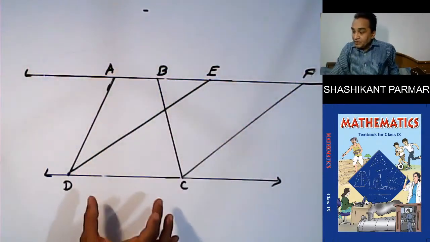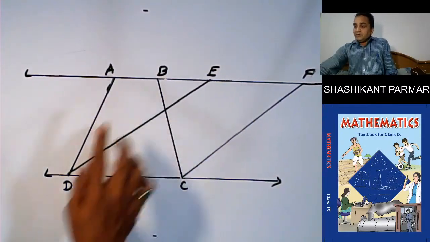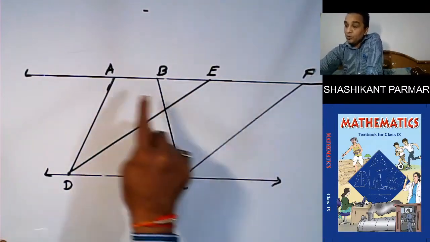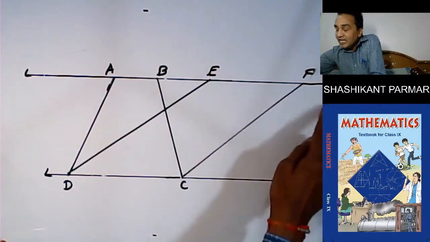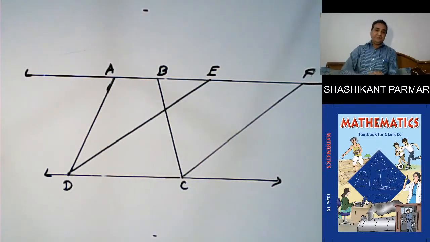And parallel to CD, this line AF. So vertices A, B, E, F lie on the line which is parallel to the common base CD.